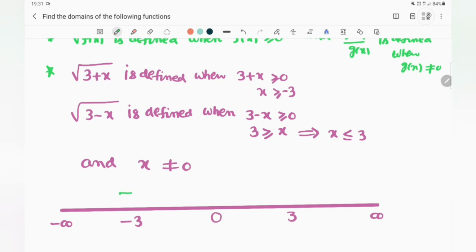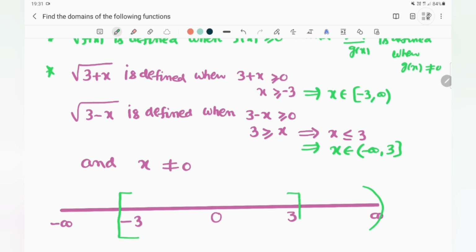So greater than or equal to is there means it is like this. X is greater than or equal to minus 3. That means here x belongs to closed interval of minus 3 to infinity. X is less than or equal to 3. X belongs to open minus infinity, closed 3. So closed 3, open minus infinity.